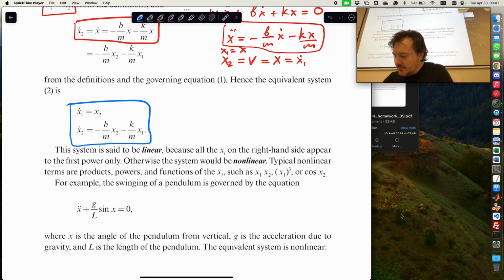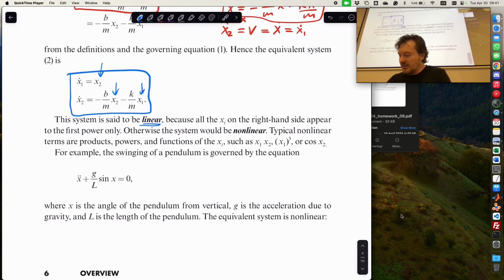This system is linear. Why do we call it linear? Because on the right-hand side, we only have linear functions of x. Okay? So it is a linear system. And we will see that linear systems have a general solution. And we will deal with them. No problem there.